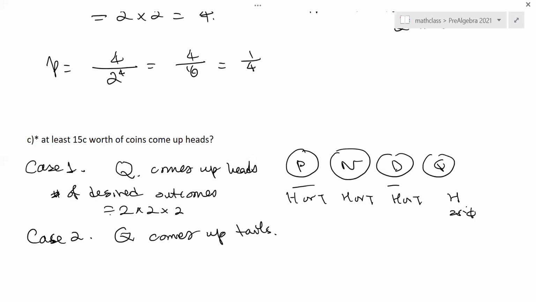So think about this problem. In order to get 15 cents, the dime must come up heads. Otherwise, you get 1 plus 5, which is still 6 cents, right? In this case, the dime must come up heads. So that is also fixed.